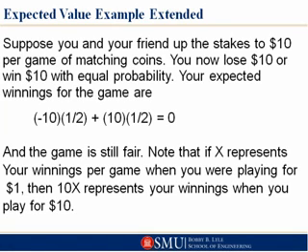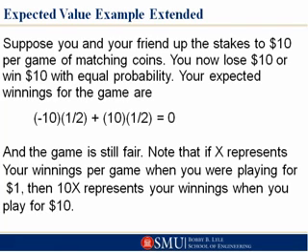So suppose you and your friend up the stakes to $10 per game of matching coins. You lose $10 or you win $10 with equal probability, 0.5. Your expected winnings for the game, so this is where instead of having x here, the $1, we have a g of x, which is 10 times x. So we had a half, 0.5 probability that we would lose.